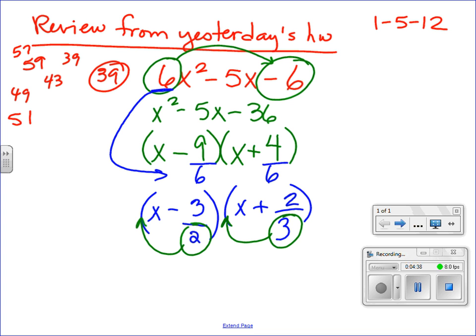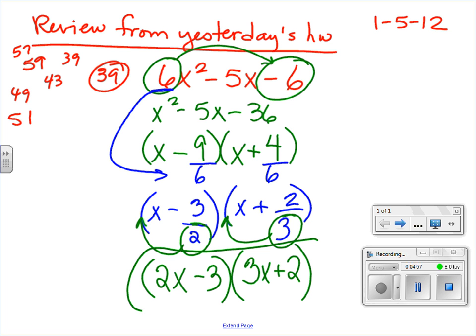So now my 2 binomial factors are 2x, put my 2 in front, minus 3, times what? Y'all talk to me. 3x plus 2. 3x plus 2. That makes factoring with that leading coefficient so much easier. Because I can reduce fractions all day long.